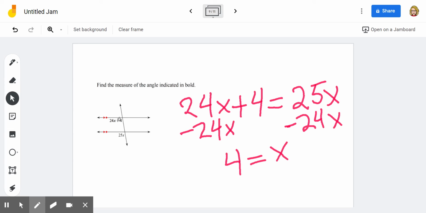And so now we need to solve for the angle in bold by plugging that in. So 24 times 4 plus 4, and that means our angle measurement is 100 degrees.